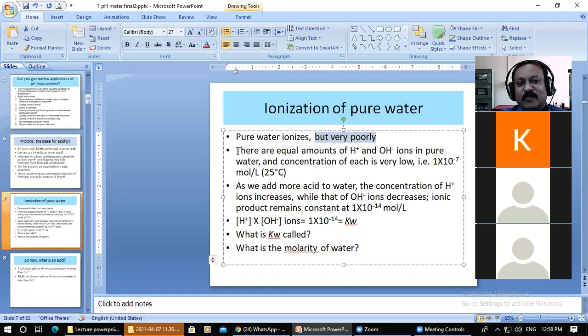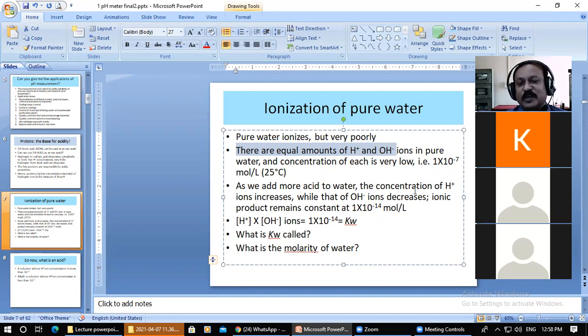Then there is one more important thing that we should know. There are roughly equal amounts of H plus ions and OH minus ions in pure water. So if it is pure water, that is distilled water as we call it, then the number of protons and the number of hydroxyl ions is actually equal. And the concentration of each is not very high.